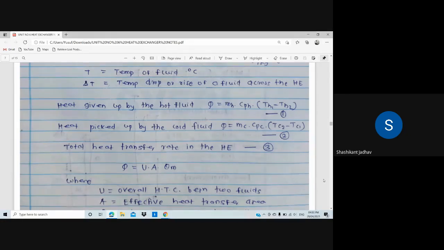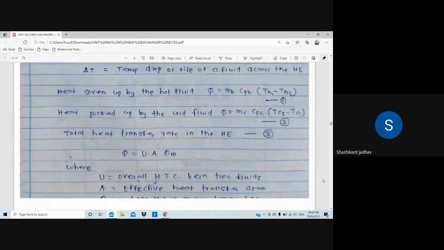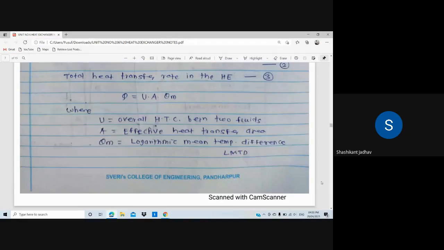U is nothing but the overall heat transfer coefficient between the two fluids. A is the effective heat transfer area, and theta m is the logarithmic mean temperature difference, that is LMTD. All of you write down the meaning of each term.